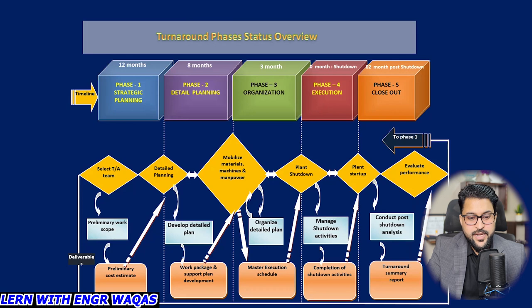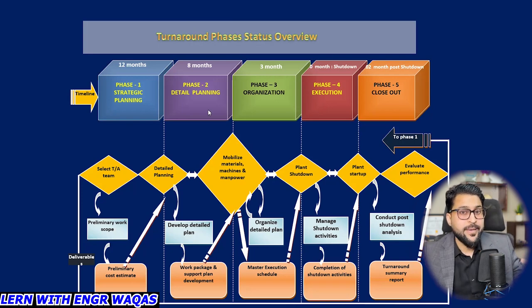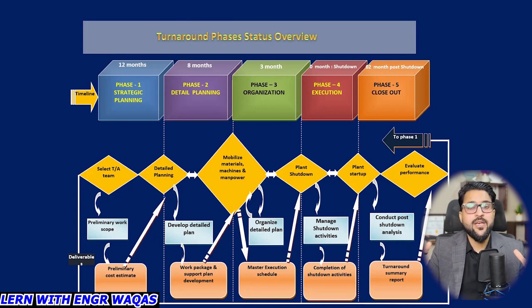And then the preliminary cost estimate, which my higher management is going to make. Then after 3 to 4 months, 8 months before the shutdown, I'm going to make detailed planning. On the basis of this preliminary planning, I will be extending my detailed planning. So in this one, develop detailed plan. I will be sharing all of these things.